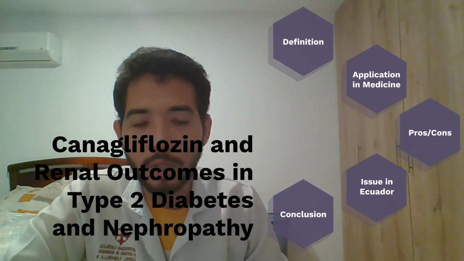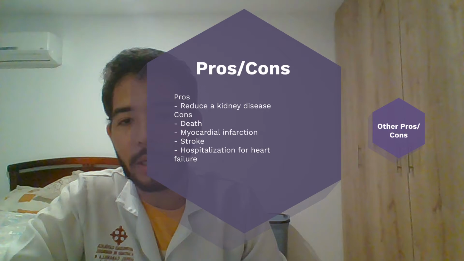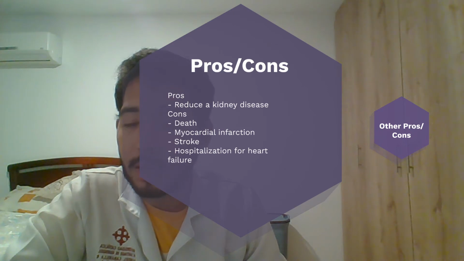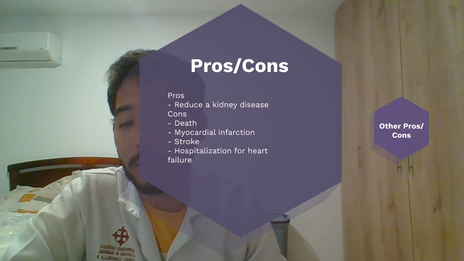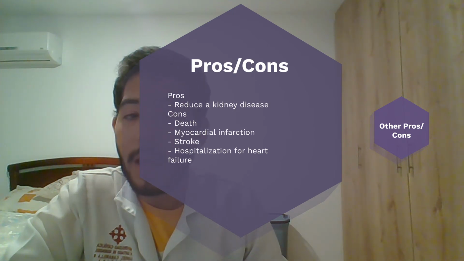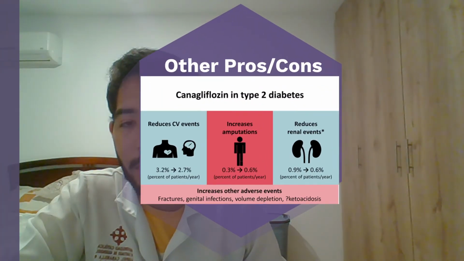Okay, in talking about pros and cons, we can find that it reduces kidney disease, but in cons, we have death, myocardial infarction, stroke, and hospitalization for heart failure. We can also find other pros and cons.